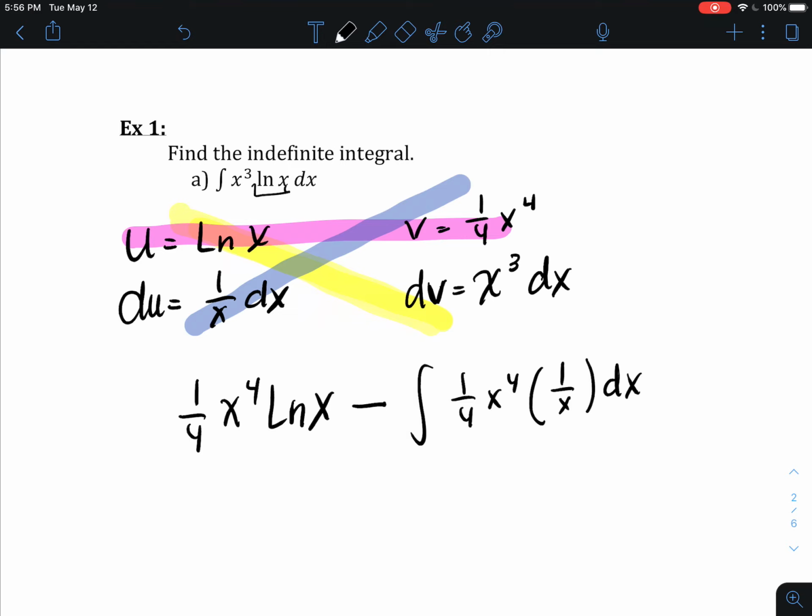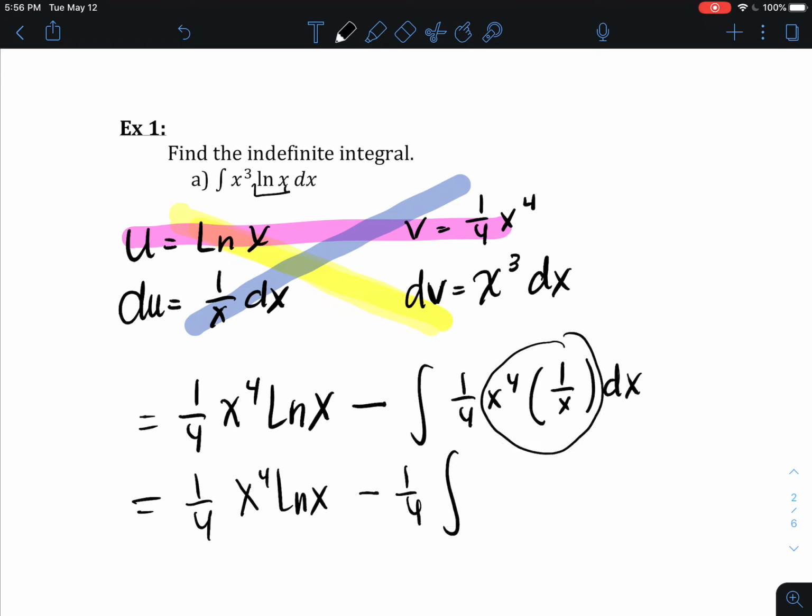So let's clean up that integral before we actually take it. This still gives us 1/4 x to the 4th ln of x, and then minus, let's take the 1/4 out of the integral, and if you notice, this simplifies to just x cubed dx.